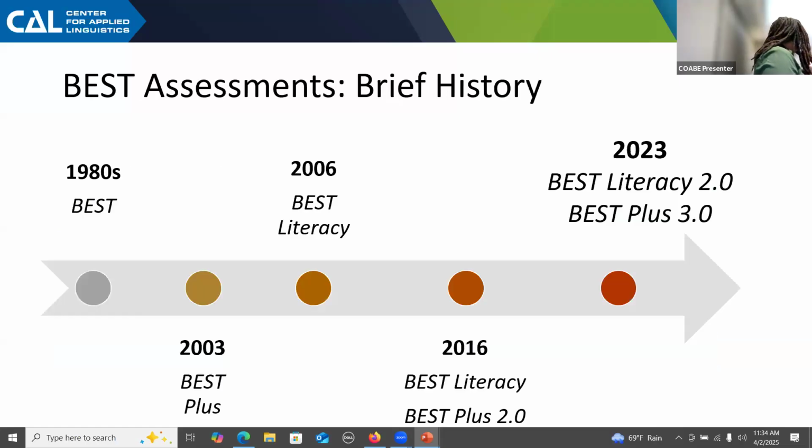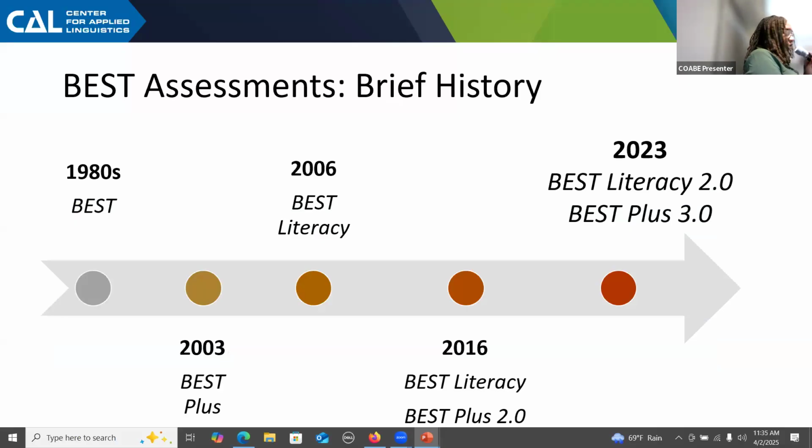And let's take a quick look at BEST's history. BEST has been used to measure English proficiency over a long period of time and has evolved considerably. The original Basic English Skills Test, or how we refer to it as BEST, was developed in the 80s. It then branched into BEST Plus in 2003, an assessment of listening and speaking, and then into BEST Literacy, an assessment of reading and writing, in 2006.